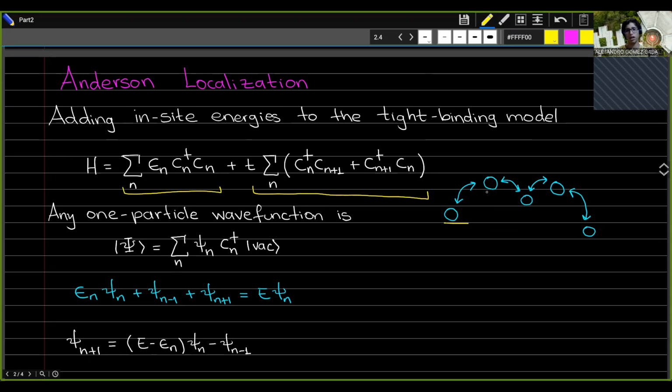This is the first site, second, and we can draw them at different heights, so we have in mind that each site requires different energies. So for hopping, it has to go uphill, so to say, and that's the problem.